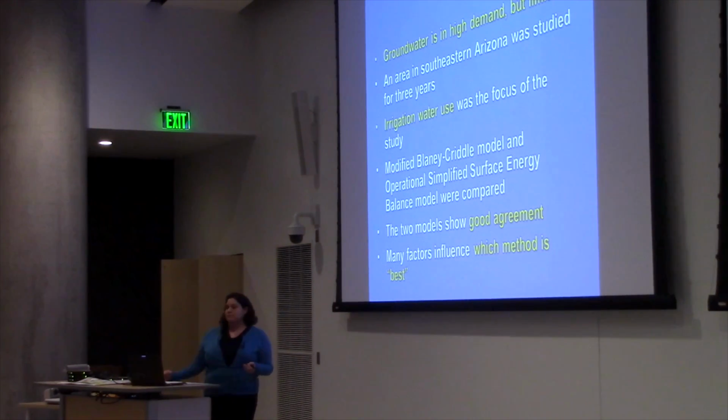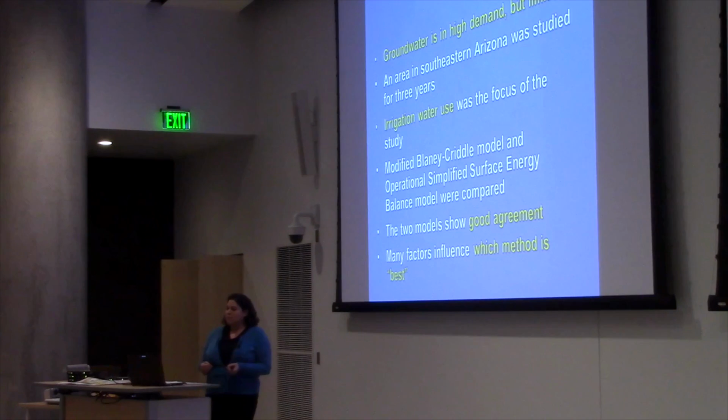So, in summary, groundwater is in high demand and it's limited, and we need a good way to estimate it. There was one area in Arizona that I looked at, so more studies need to be done to cover the entire state and potentially the entire West. Irrigation was the focus because it is the largest user in the state and pretty much the country.